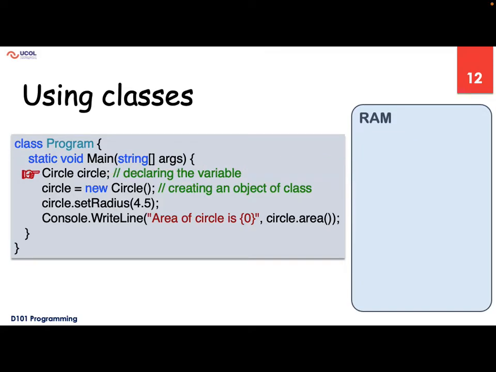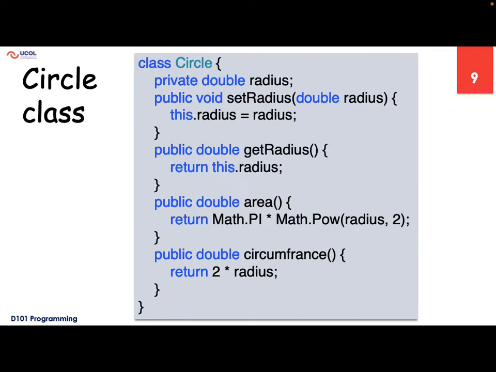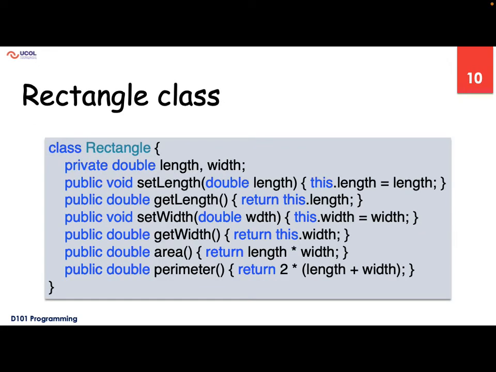For example, if I go back here and make that particular setRadius private, now circle.setRadius will not allow you to access that particular method, because it is private, you can only access it inside the class. Maybe I will give you a demonstration, that will be much more clear.